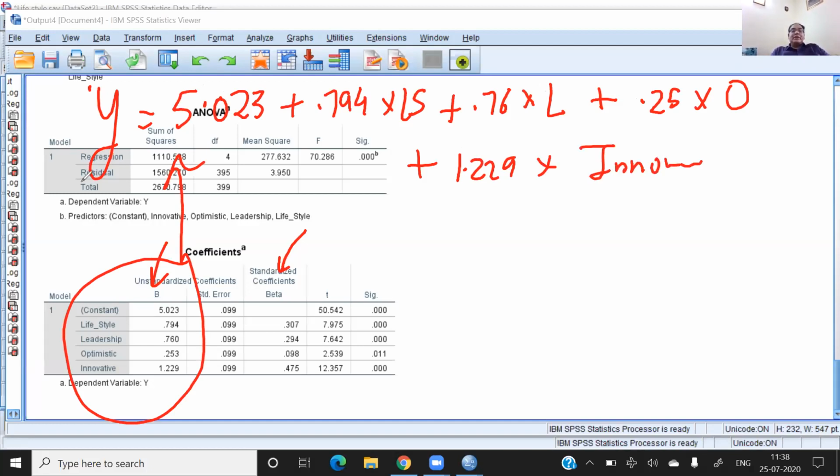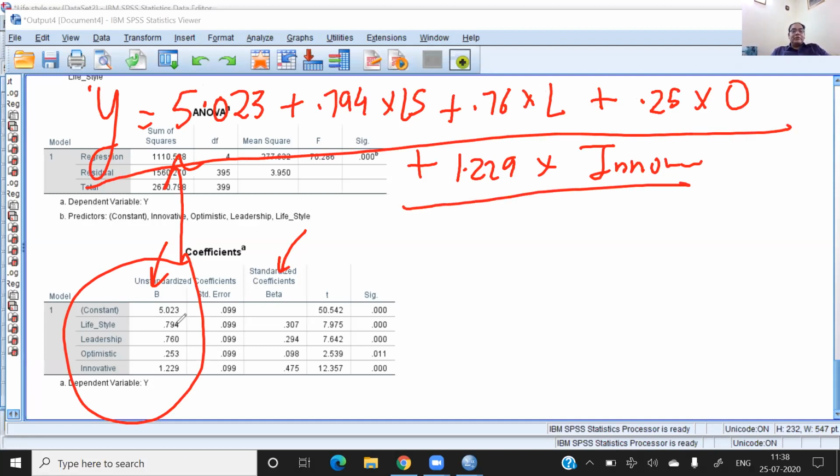So this regression line can be written only on the basis of the unstandardized coefficient, and standardized coefficient only tells you where the impact is highest and where the impact is lowest.